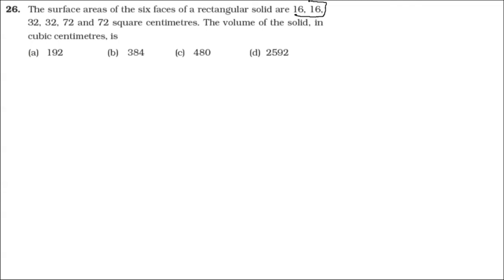This 16 and 16, suppose I consider that as the area where length and breadth are taken as the dimensions of the face. So it means that L into B I'll consider as 16. B into H I'll consider as 32. L into H I'll consider as 72.